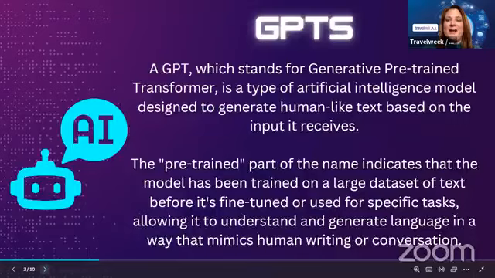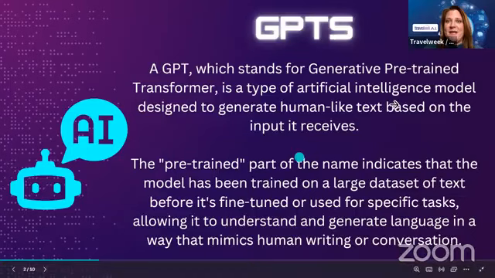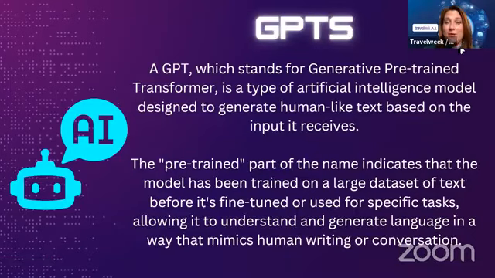First of all, I thought it would be a good idea to explain exactly what a GPT is. GPT stands for Generative Pre-trained Transformer, and it's a type of artificial intelligence model designed to generate human-like text based on the input it receives. There's lots of different kinds of AI out there. Some are creating images, some are doing environmental stuff, some are doing medical stuff. These GPTs are specifically creating language.